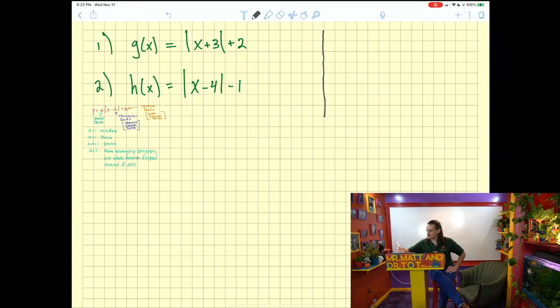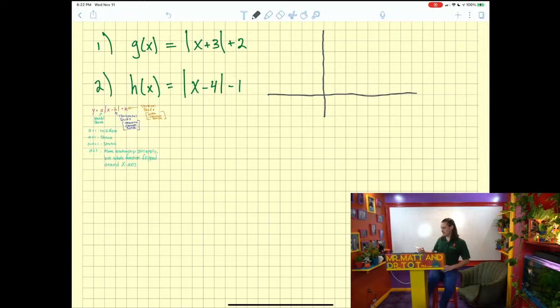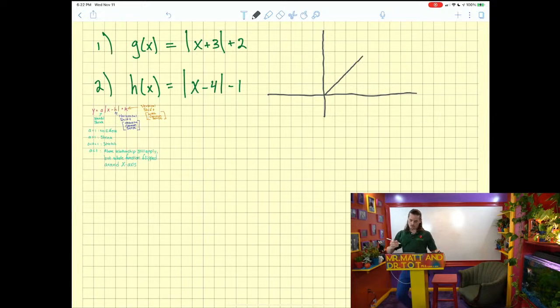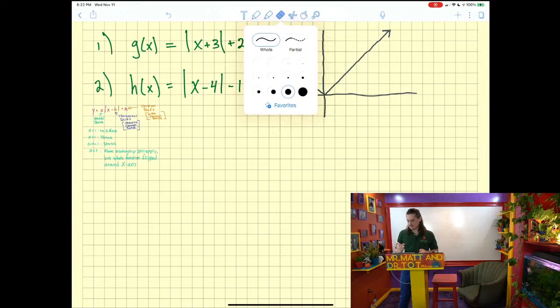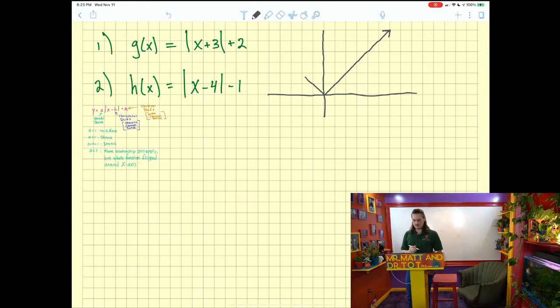It has a slope of positive 1 when it's greater than 0, and it has a slope of negative 1 when it's less than 0. Okay, so this is f of x is equal to the absolute value of x. That's the parent function.